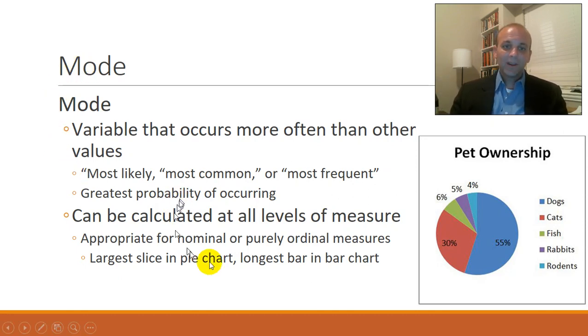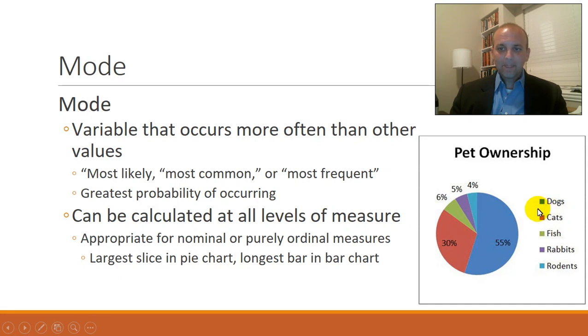The mode can be calculated at all levels of measurement, and is appropriate for nominal and purely ordinal measures. So this is a nominal level type of variable, right? It's not trying to rank order these things. If you were counting how many dogs someone has, that would be a ratio: you could have 0 dogs, 10 dogs, 100 dogs, I guess, if you're a dog hoarder or whatever.